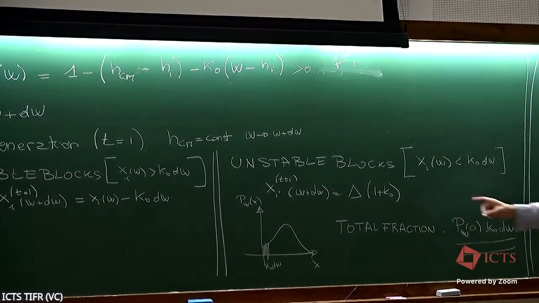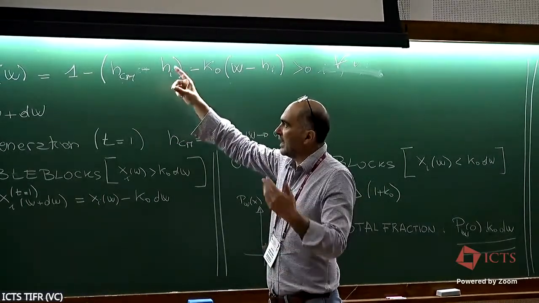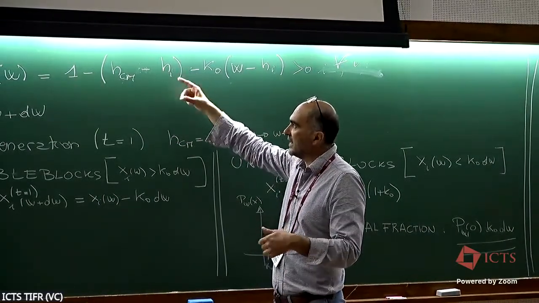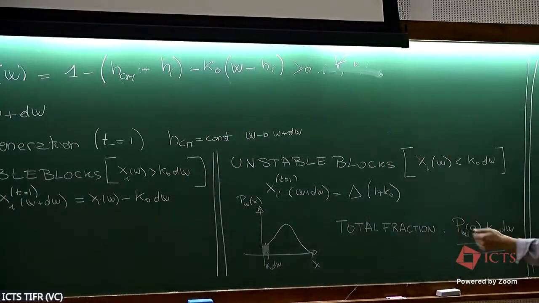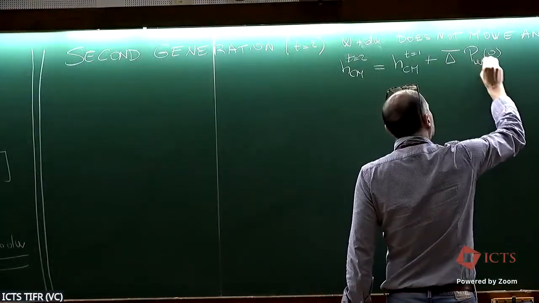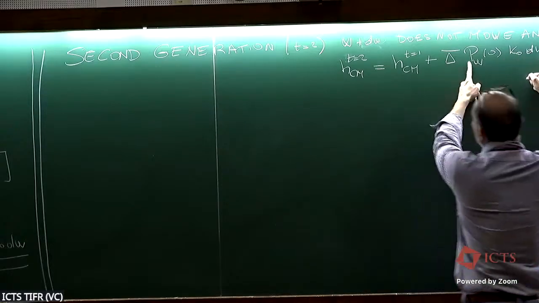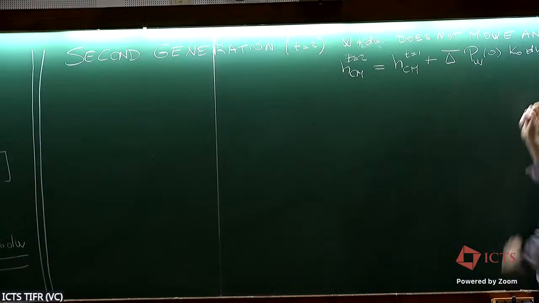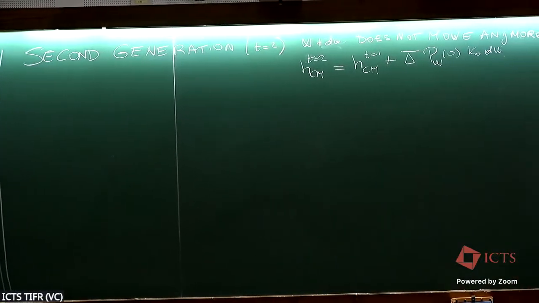So here there is no K0, it's only HI that has moved by delta. There is a fraction of them that has moved by delta. Delta is a random number, on average it is delta bar. So this is delta bar P0, K0, dW.